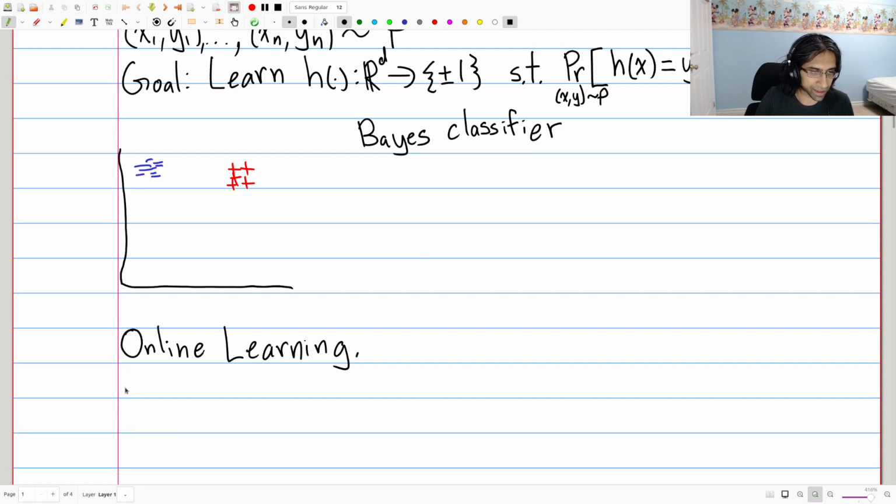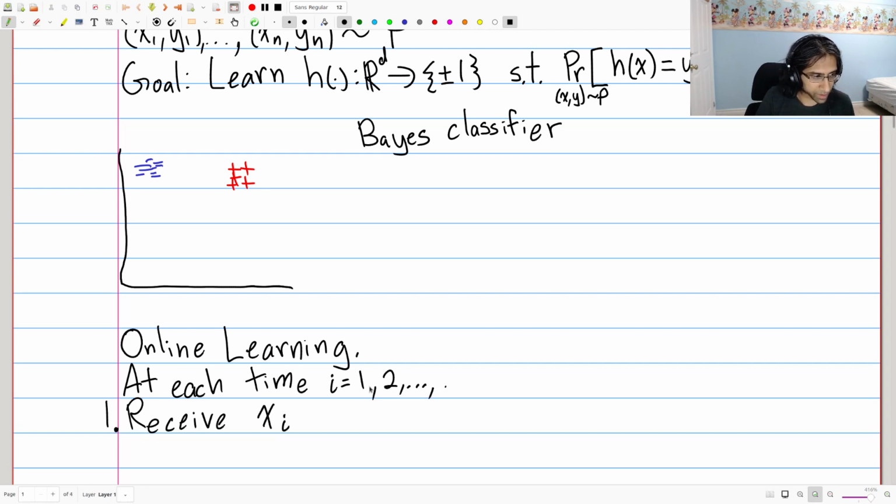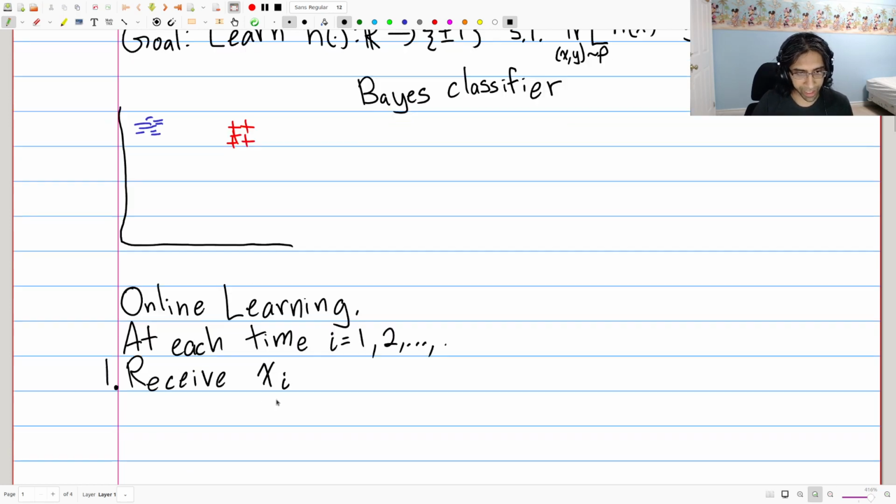But let's say we have time steps. At each time, say i equals 1, 2, and so on, to infinity, we're going to receive some x_i, a feature vector.